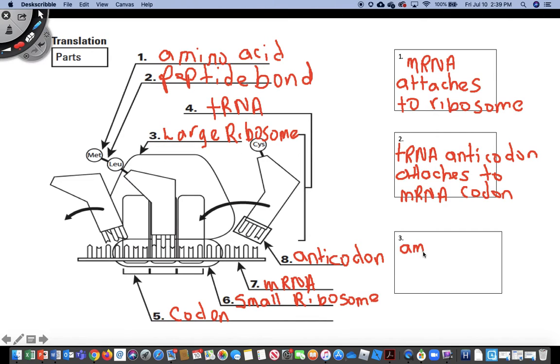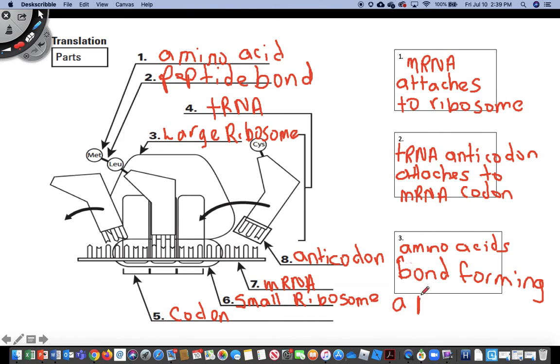So amino acids then bond. Better to use the word bond here. So amino acids bond, forming a what? What happens when you have a chain of amino acids?